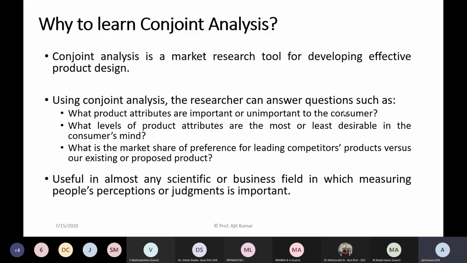Now what you need to do is break down those products or services or any system into different components which are of some use, and get the preference data from the respondents or clients or consumers, as the nomenclature suggests. This is also useful in any scientific or business field for measuring people's perception or judgment. That is really important.